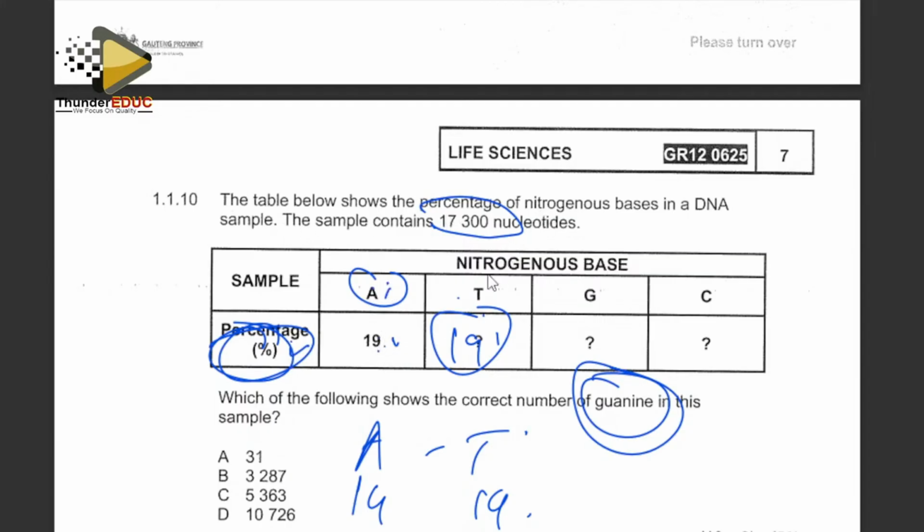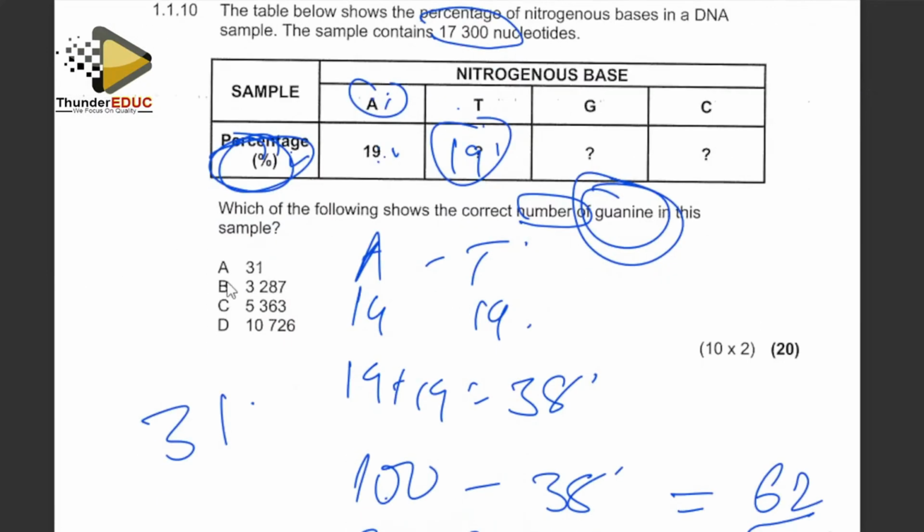They're saying which one of the following shows the correct number? Guys, they didn't say correct percentage. If it was correct percentage, it would have been A, but they said number. So I have to convert this percentage, the 31, into numbers. That's why they gave you this number.